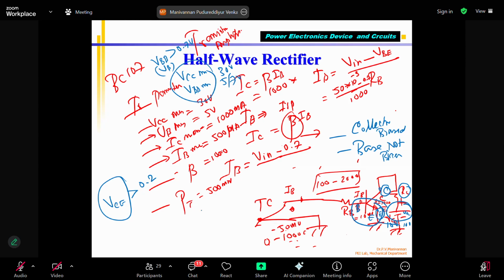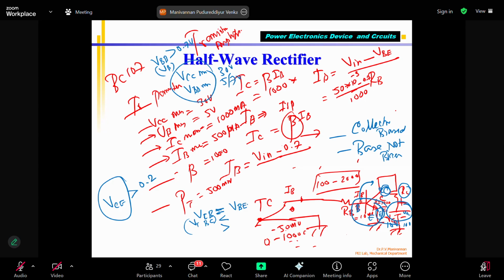Another condition, anybody remember what should be the voltage between these two, VBC or VCB? The voltage between collector and base, both are the same only, correct? What should be the voltage? Any idea? It should be smaller than VBB. Or VBE.